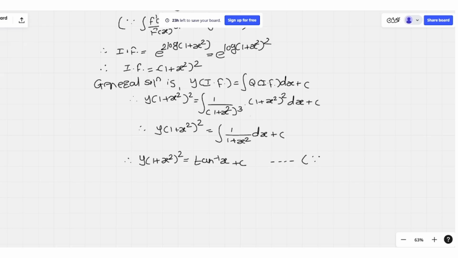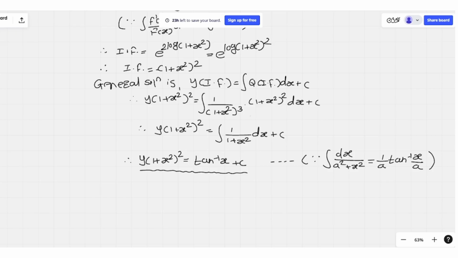Hence, integration of dx upon a square plus x square is equal to 1 upon a tan inverse of x upon a. So this is the general solution: y (1 plus x square) whole square is equal to tan inverse of x plus c.